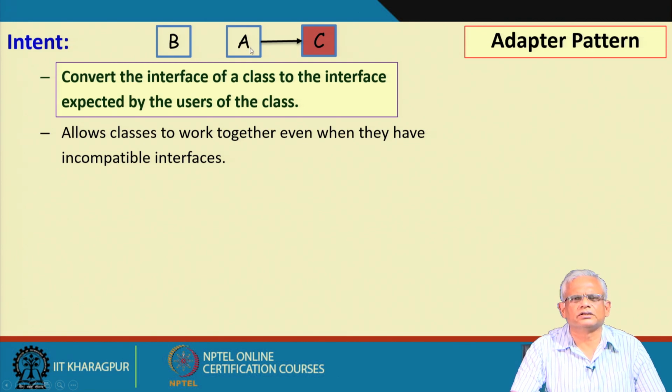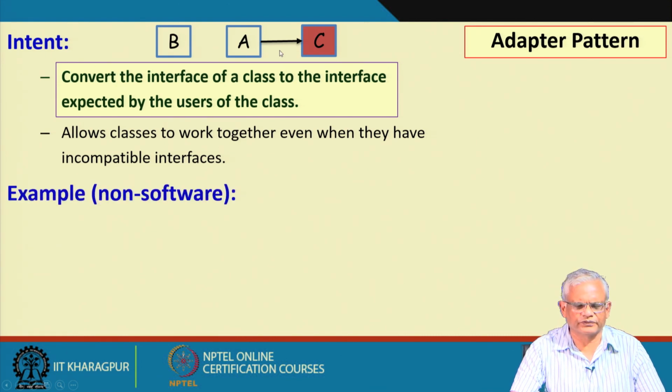A is calling P, Q, R and C is providing L, M, N. The intent of the adapter pattern is to make these two incompatible classes work together meaningfully.